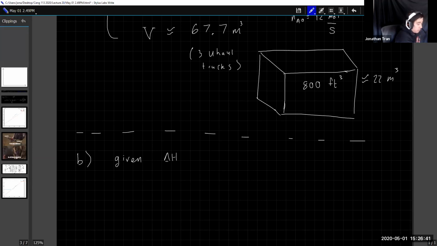This next part is: given delta H is equal to negative 540 kilojoules per mole, find Tu for isothermal operation.